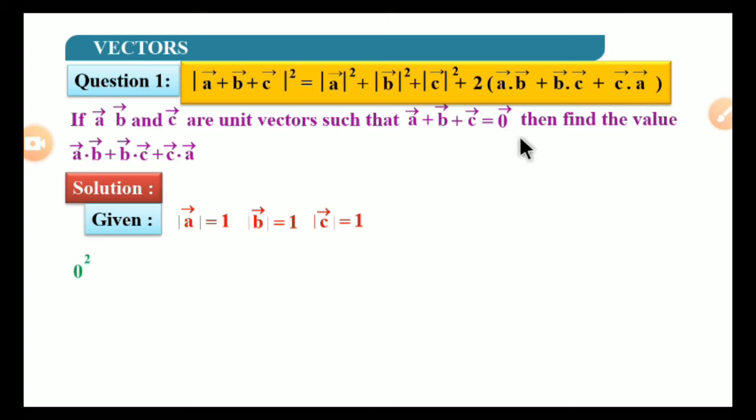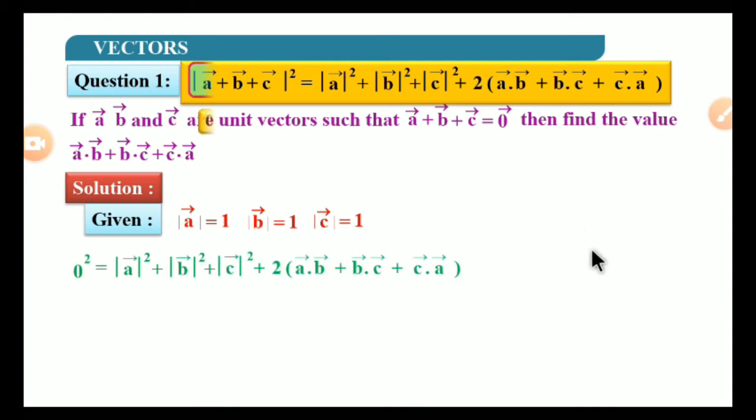Therefore here magnitude of a plus b plus c whole square is equal to here magnitude of a square plus magnitude of b square plus magnitude of c square plus 2 into the bracket of a dot b plus b dot c plus c dot a, right?